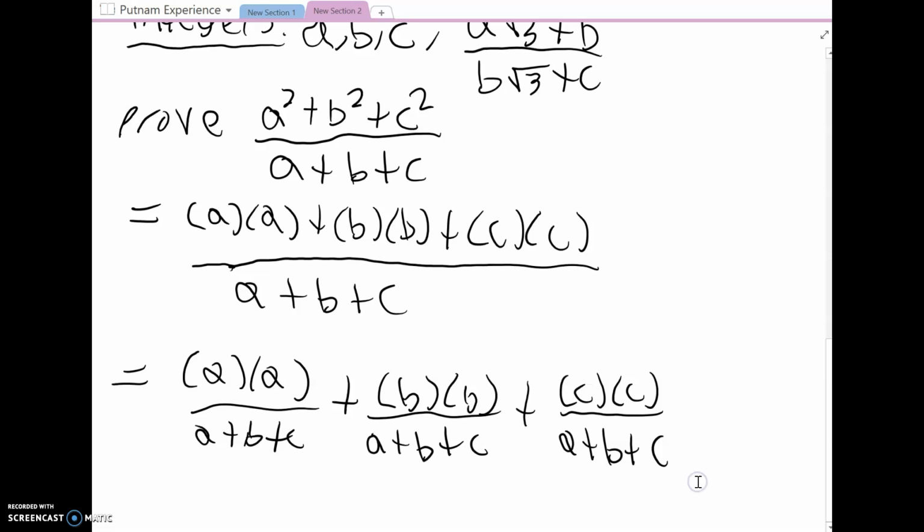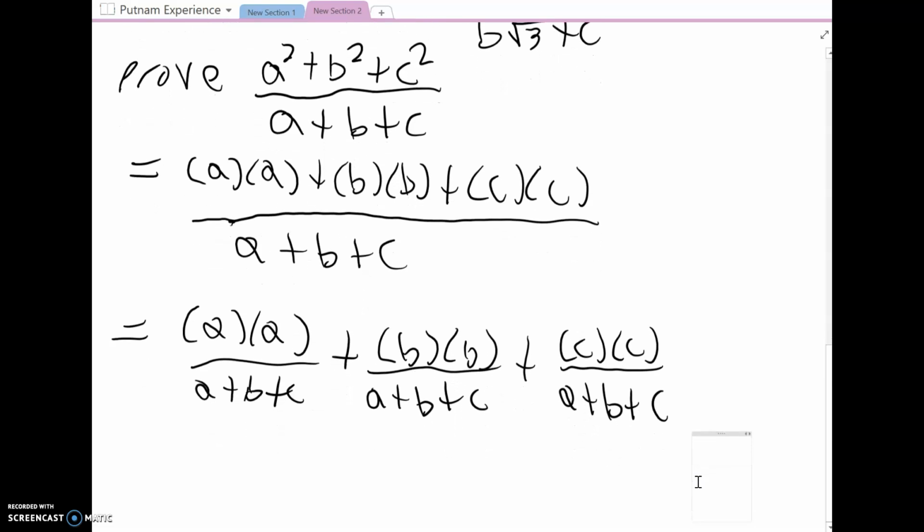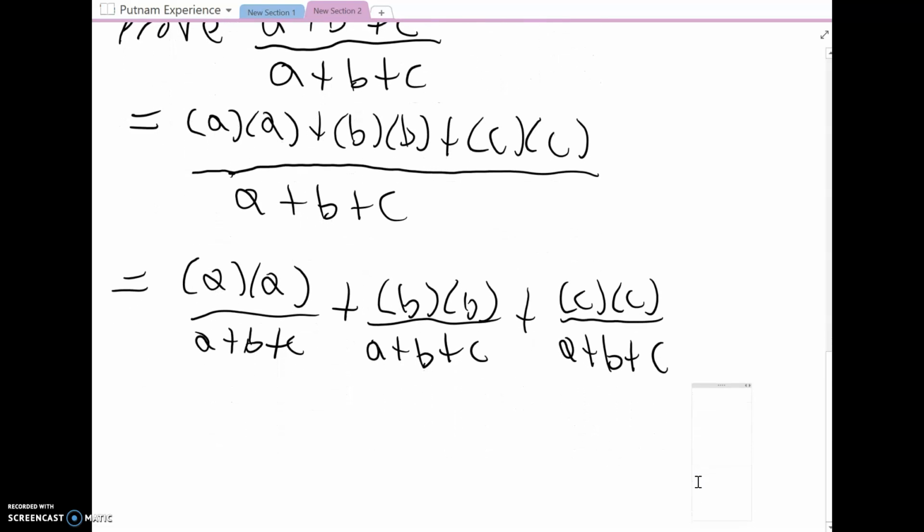And what you could do now for this problem is that you see a times a over a + b + c. Since you see this, one of the a's can potentially cancel. And likewise for this rational expression, one of the b's would cancel.